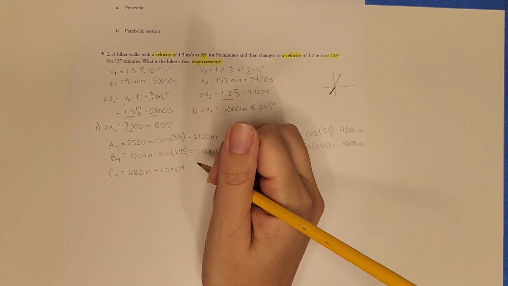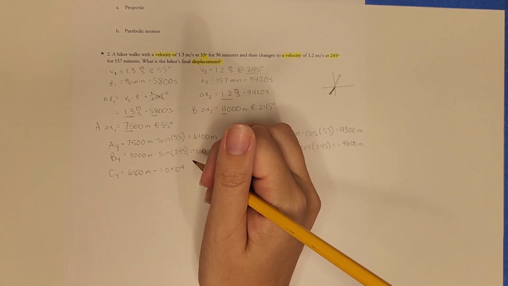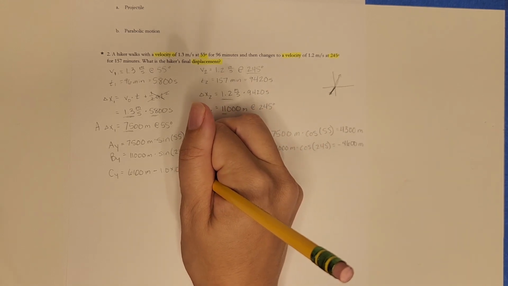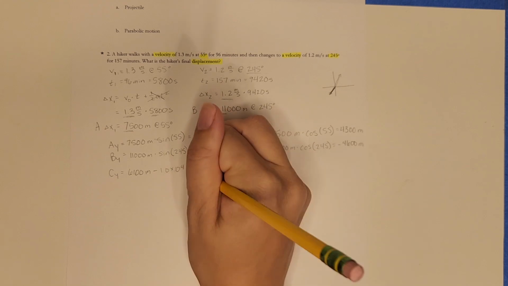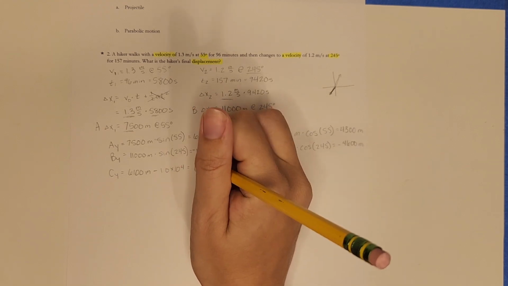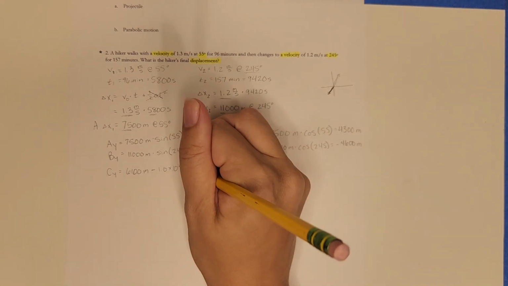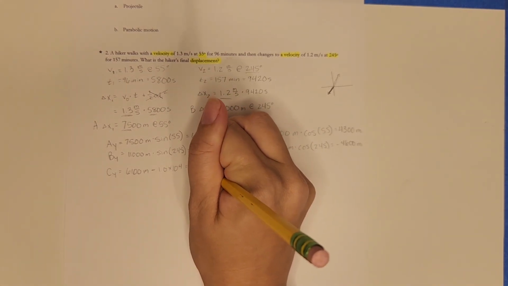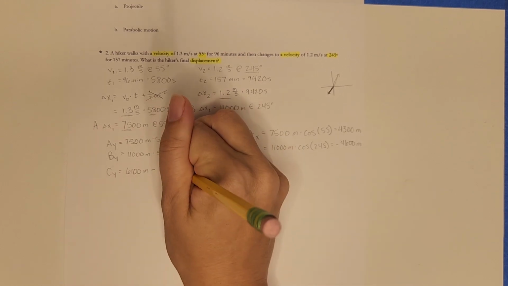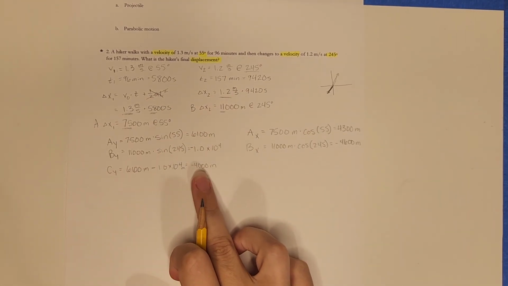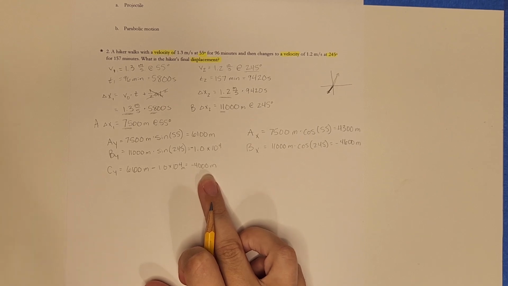And with that, we're going to get negative 4,000 meters. Now, why do I not do scientific notation with this one?